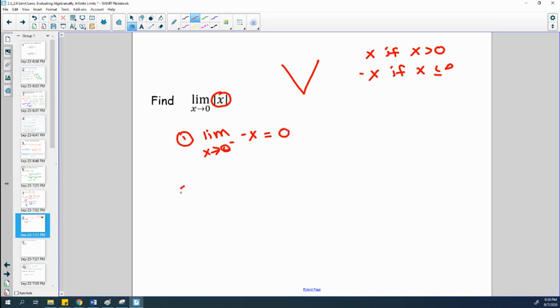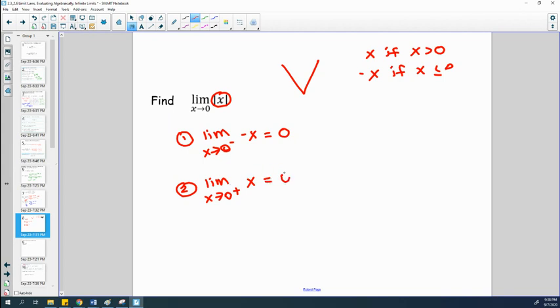Great. If I take it from the other side, the limit as x approaches 0 from the right, that's going to be the positive. We can see it from our graph, from our piecewise function, or we can just think about it in terms of absolute value. If we take it from the positive side, what's inside is going to be a positive value. So that's positive x.